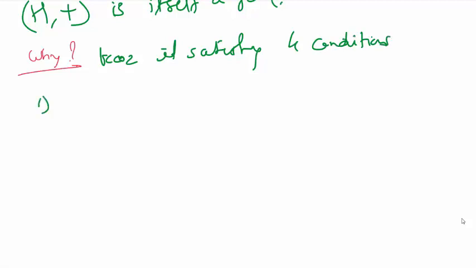First of all, it should be non-empty. Here it is clearly non-empty, H not equal to phi. This is the notation of phi, non-empty. Closure property is satisfied.